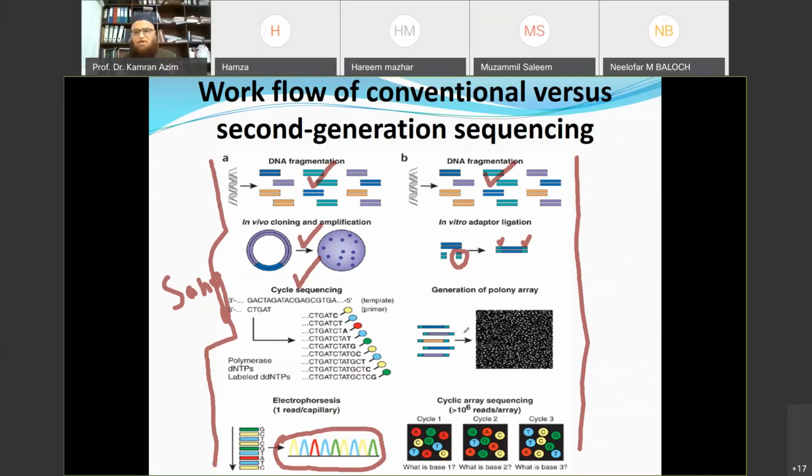This is how the comparison can be made, in which mainly the cloning step is removed, and the sequencing of all DNA fragments is carried out simultaneously, in parallel, in one sample, in one run of the experiment. This was not possible in Sanger sequencing.